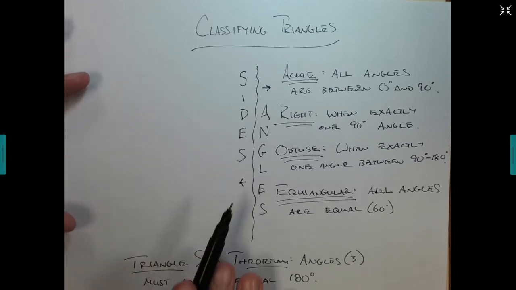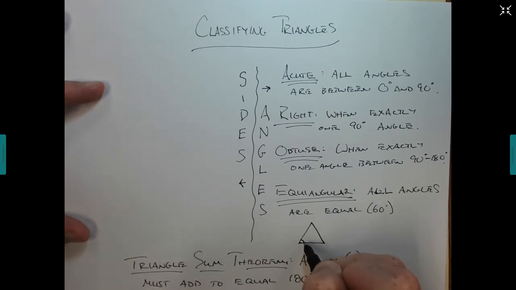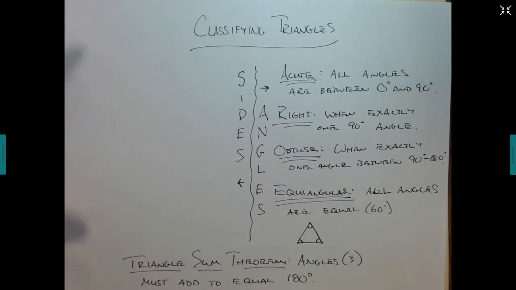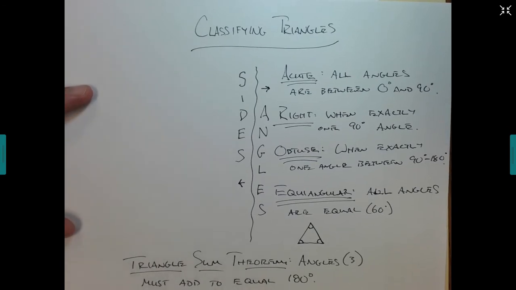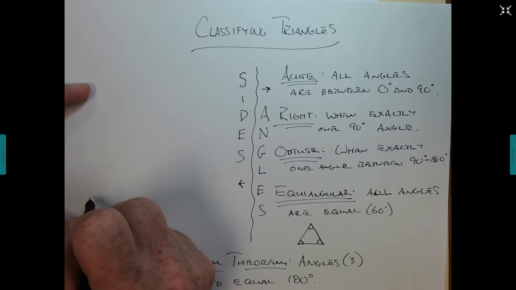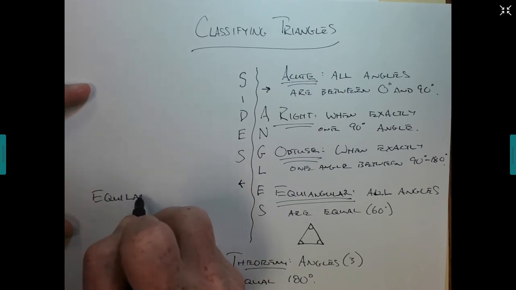So let's talk about the sides. Again, let's just go a quick little picture. If we have equiangular, all of the angles would be the same. Okay. If we're talking about sides, if all of the sides are the same, that's called equilateral.